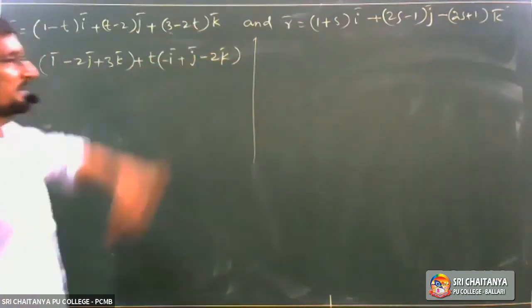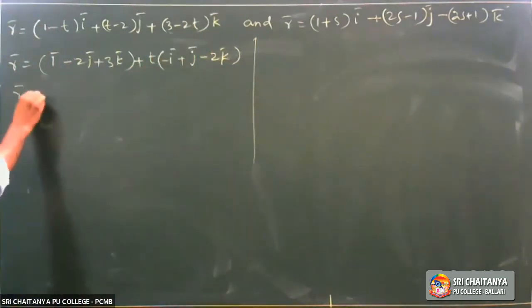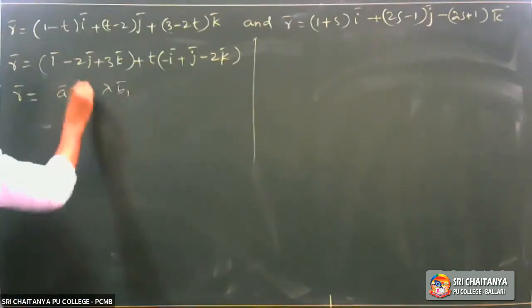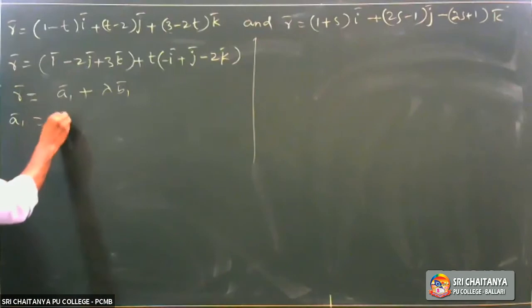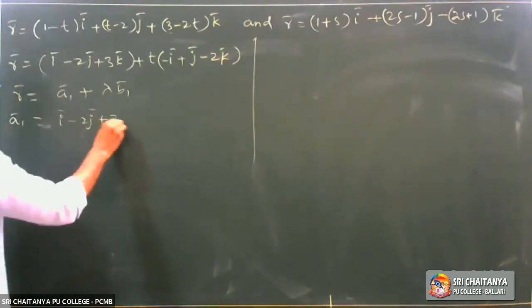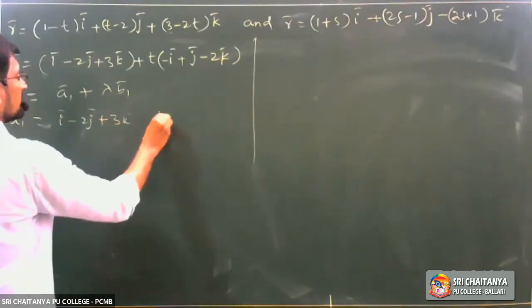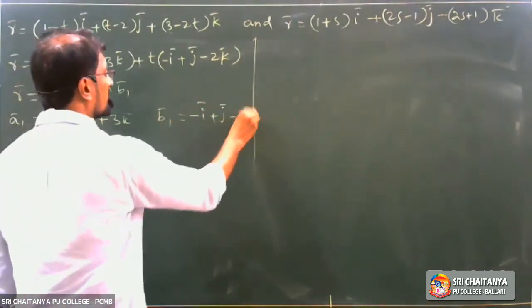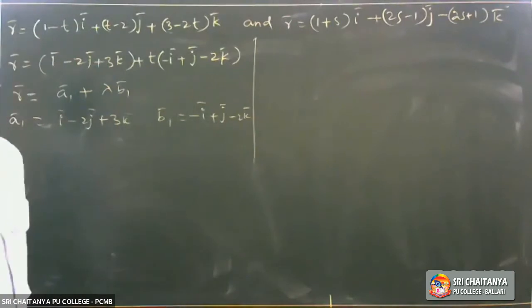I took t outside. You compare this with r bar is equal to A1 plus lambda B1 bar. A1 bar is equal to i minus 2j plus 3k, where B1 bar is equal to minus i plus j minus 2k.